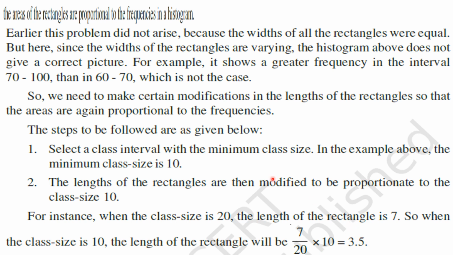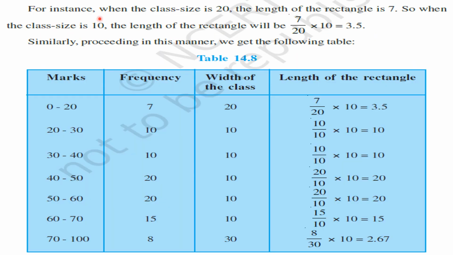Let us take an example to construct a histogram with unequal class intervals. For instance, when the class size is 20, the length of the rectangle is 7. See here, this is the first class. Its class interval size is 20 and the frequency is 7.